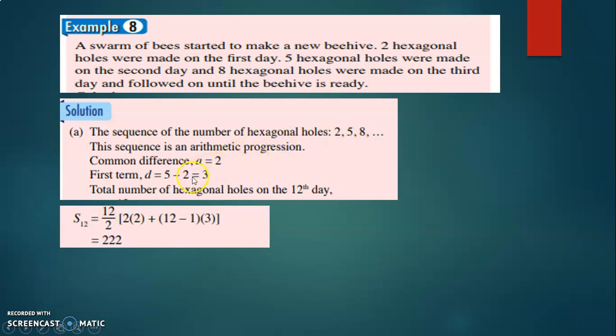A is 2, first term is 2, then D is 5 minus 2，这个是 3咯。So the total number of hexagonal holes on the 12th day，这个是它的 question. 12th day 一共 make 了 how many holes? Total number, that means 从第一天一直加到 12 days, S12. So just substitute into the formula. n over 2, 2A 咯, substitute your A, substitute your D. That means we get 222 holes.